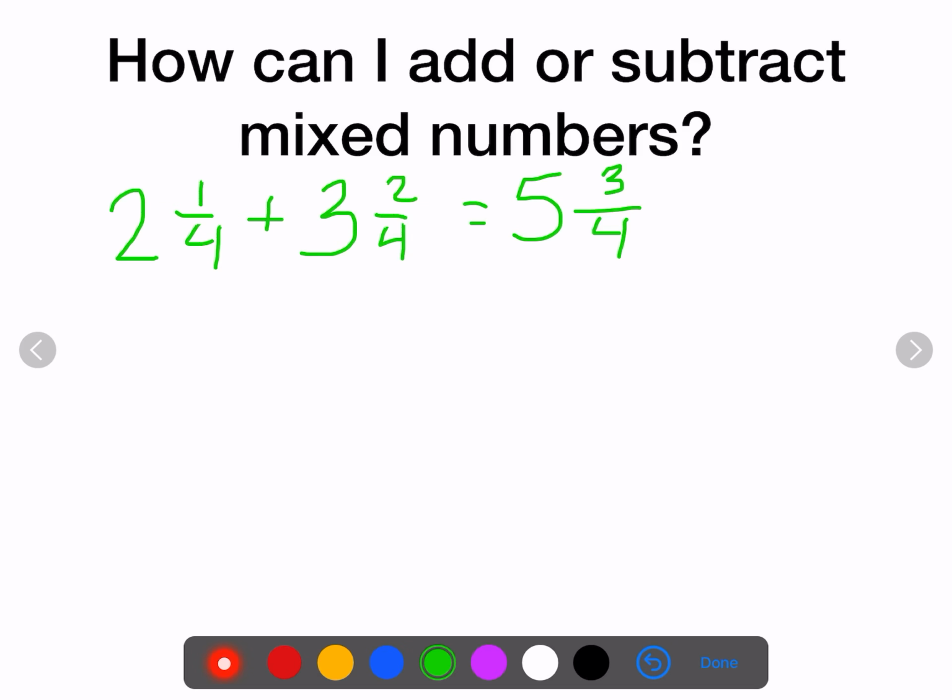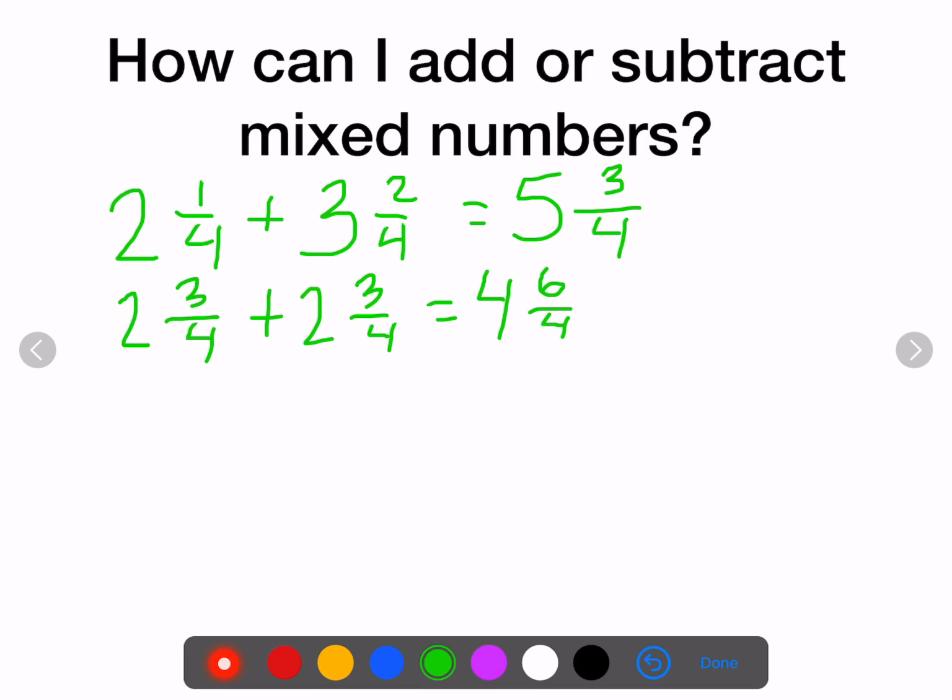Sometimes when you add fractions together, like maybe 2 and 3/4 plus 2 and 3/4, you would get 4 and 6/4. Now the fraction that I have next to the 4 is actually greater than 1. 6/4 is more than 1 whole.